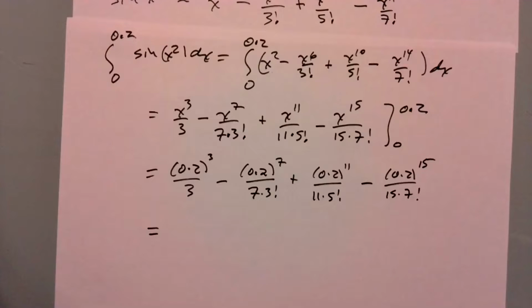0.2 to the 3rd over 3, minus 0.2 to the 7th over 7 times 3 factorial, plus 0.2 to the 11th divided by 11 times 5 factorial.